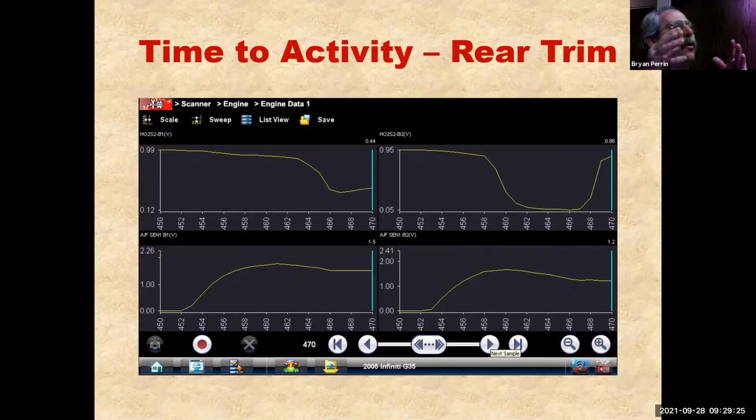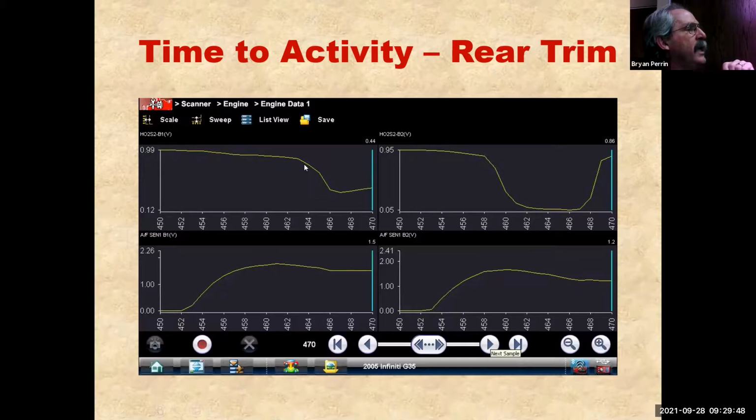So we know my sensors are good. I've checked for exhaust leaks. I don't have any. And I just proved that the 1.2 volts is learned. It's not a bad sensor. It's a learned value. And it's learned because what? This vehicle has rear fuel trim. And we proved it because the computer's looking at the rear sensor.